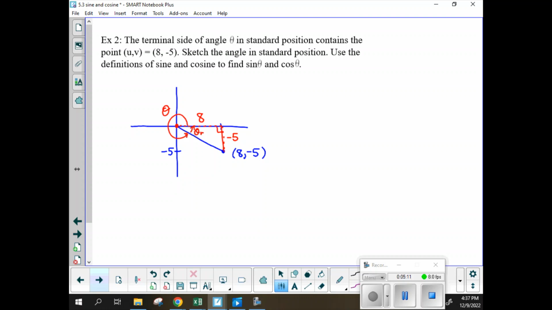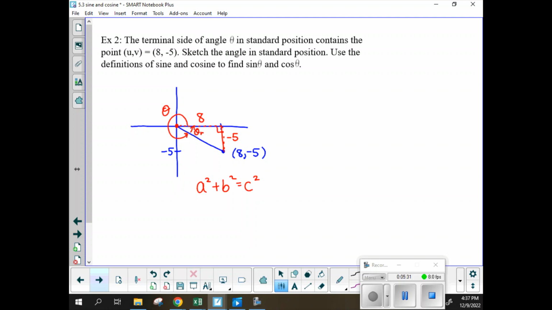Now, sine and cosine, thinking of SOHCAHTOA, require us to find the hypotenuse as well. Remember how to do that? Use the little Pythagorean theorem. Be careful with your negatives here. If you want, you can really just leave them off. We know those negatives are all going to get wiped out when we square it.